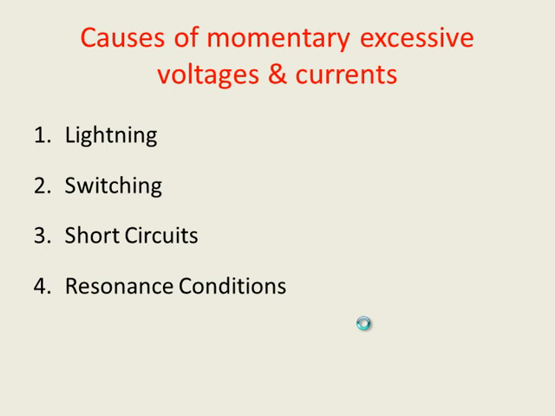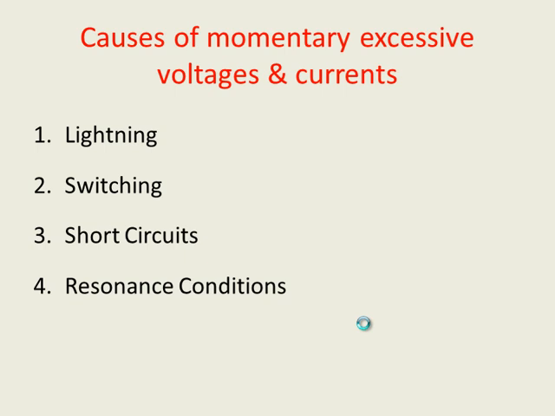When we operate a circuit breaker or an isolator or any device, a load is being thrown away from your line. At that time there is also a rise in voltage and current depending upon your switching operation, whether you are adding your load or you are isolating a part of the load.